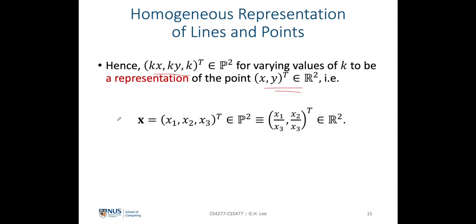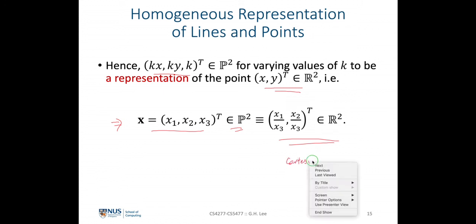And we can see formally this would be the representation of any point in the homogeneous 2D space, x1, x2, and x3, a 3 vector over here. And we say that it's in a 2D projective space, which is equivalent to the Cartesian coordinates of x1 divided by x3 and x2 divided by x3 transpose in the Cartesian coordinate space.